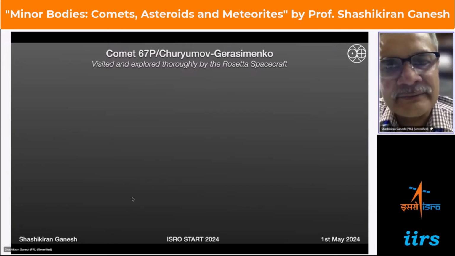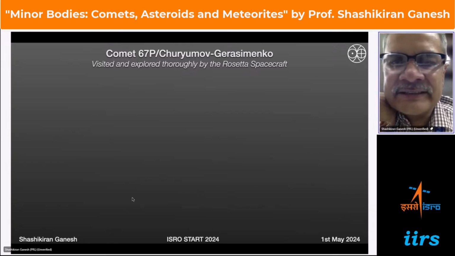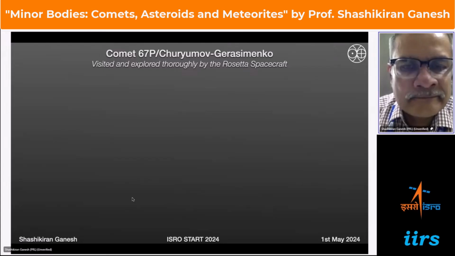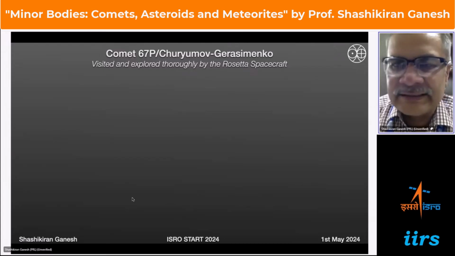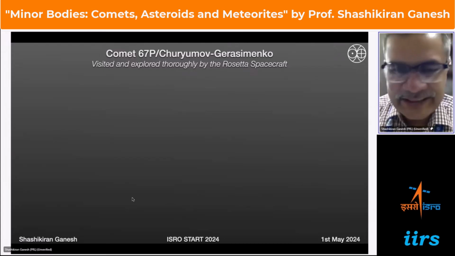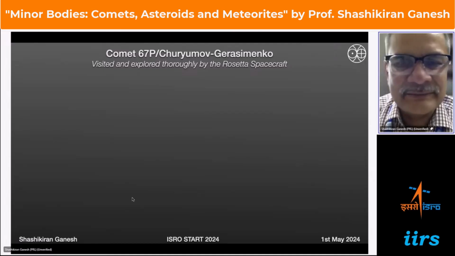It also had a lander called Philae on it. Although Philae was not completely successful, Rosetta itself was a grand success. They really had a huge suite of instruments on board.